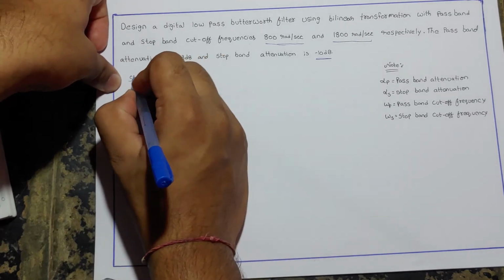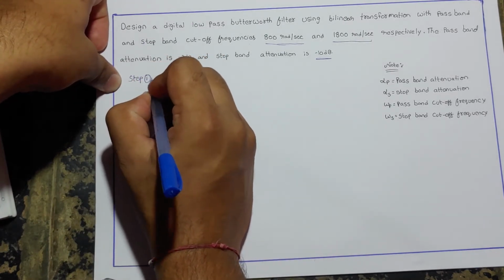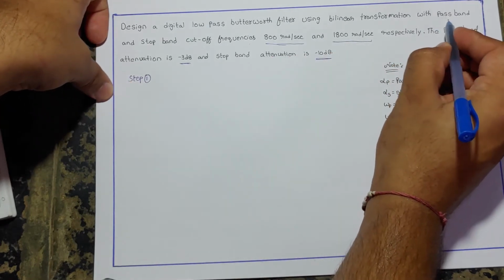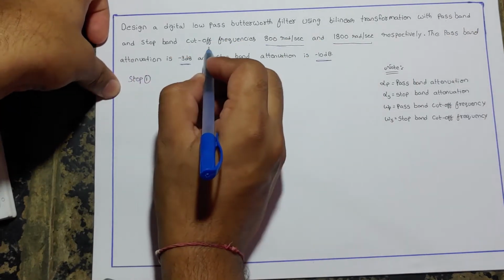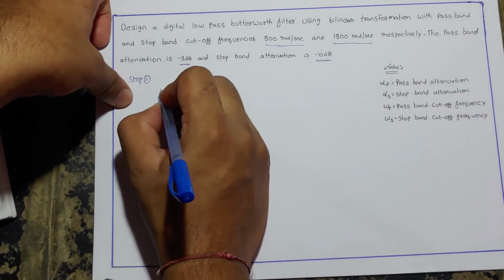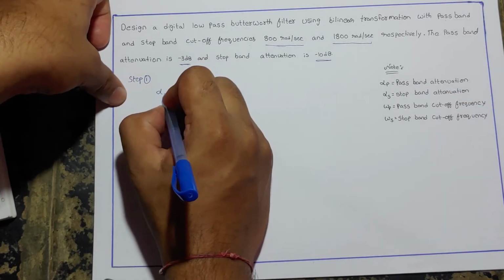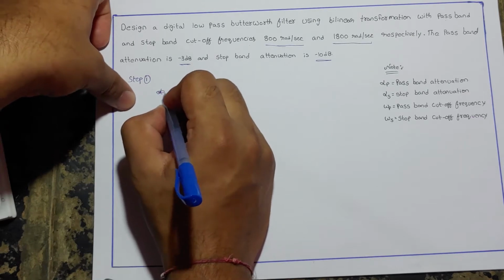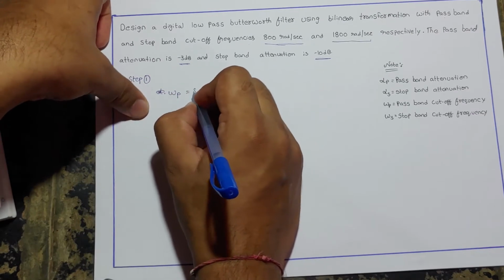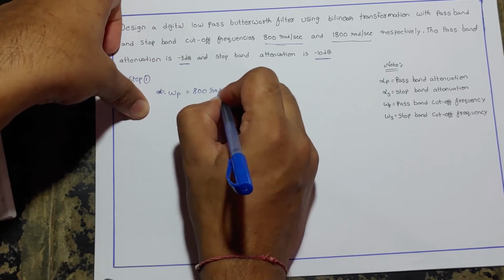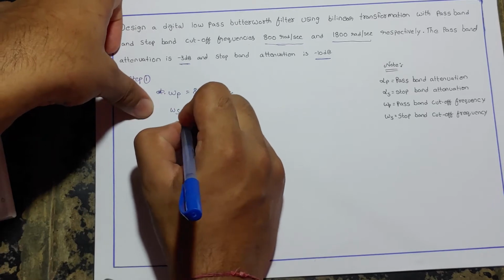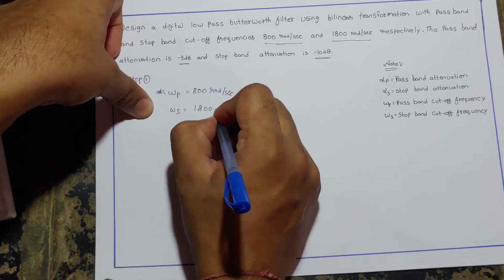In step 1, let us note the values that are given. It is given that the passband cutoff frequency, omega p, is equal to 800 radians per second, and the stopband frequency is equal to 1800 radians per second.